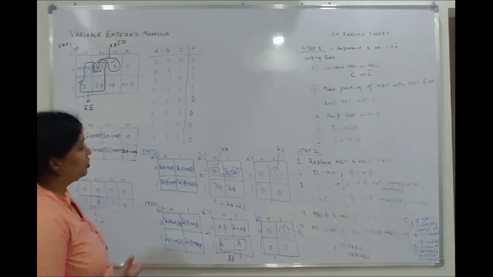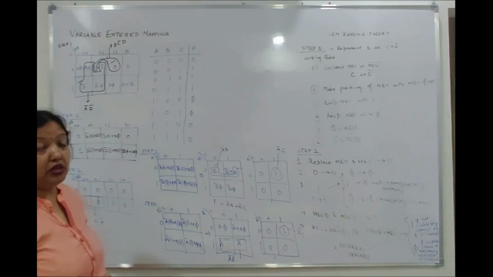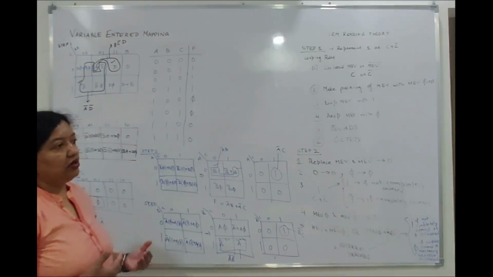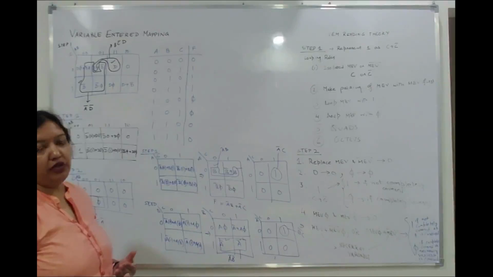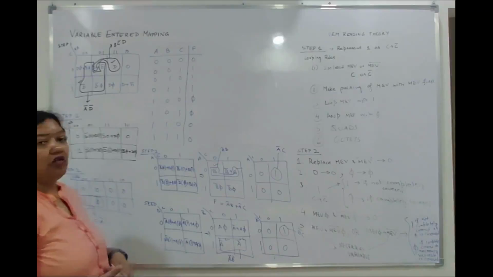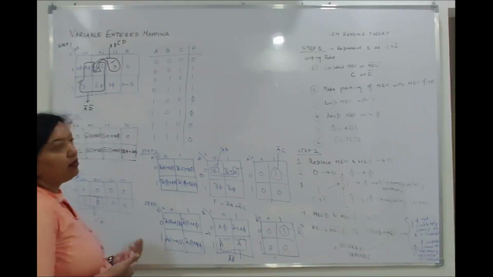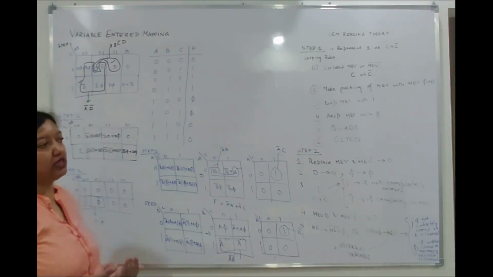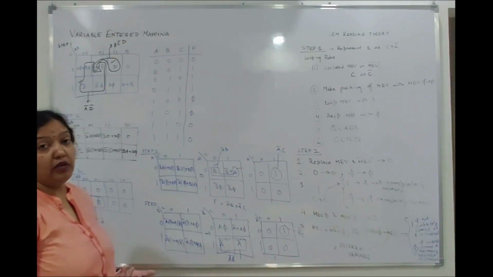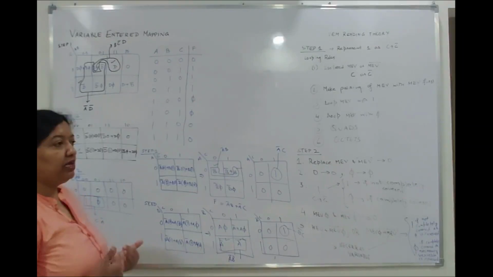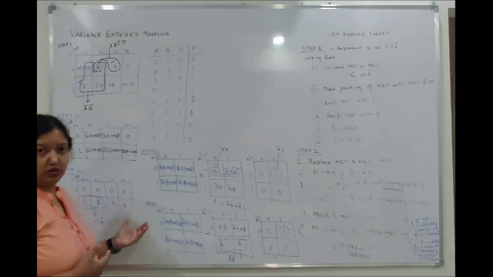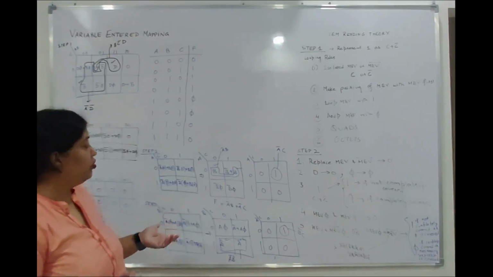You can go on using a VEM method, because for 3 variables you can make a 2 variable map, for 4 variables a 3 variable map, for 5 variables a 4 variable map, for 6 variables a 5 variable map, for 7 variables a 6 variable के map तक तो हमने बना रखा है. So up till 7 variables we can use a VEM method. So this is how we do a VEM method.